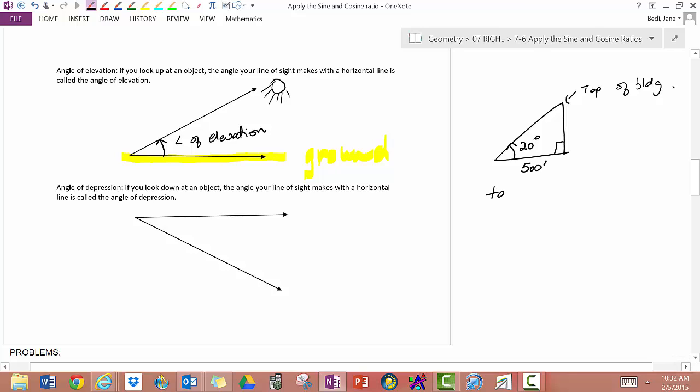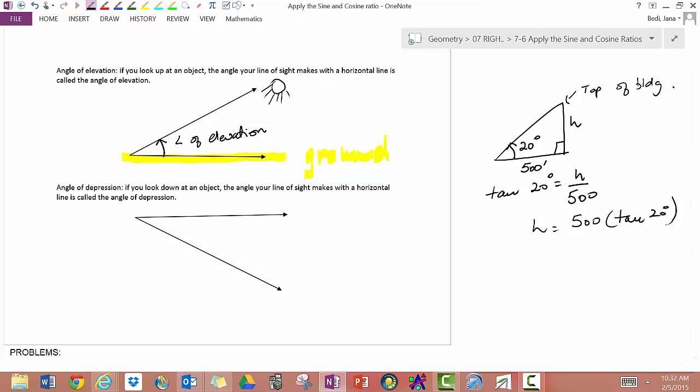Then I could say tangent of 20 degrees equals h over 500. What this allows me to do is solve for the height of the building by just measuring the angle of elevation. And you would do h equals 500 times tangent of 20 degrees, using the calculators from the videos for using calculators. There are 2 videos. Make sure you watch those.